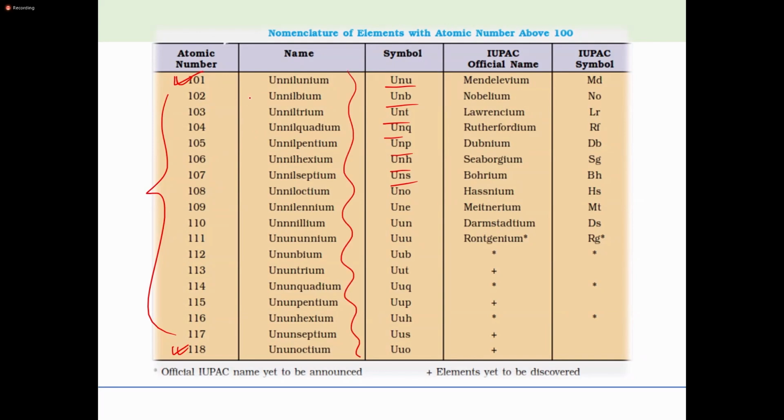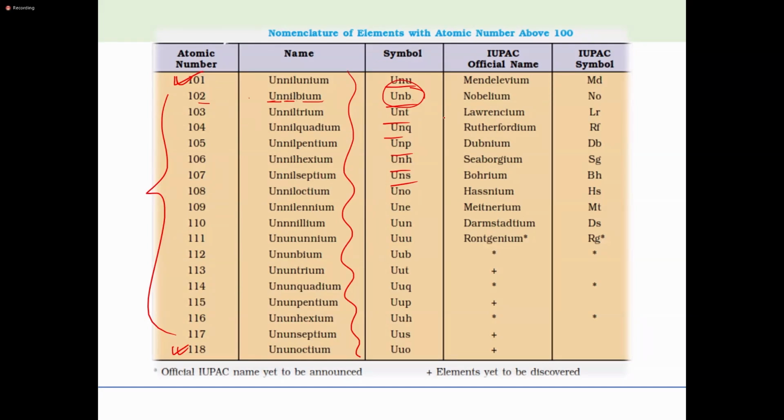Suppose 102: 1 is un, 0 is nil, 2 is bi, plus ium. So unnilbium, and the symbol is Unb. In this way, the nomenclature of these elements has been designed.